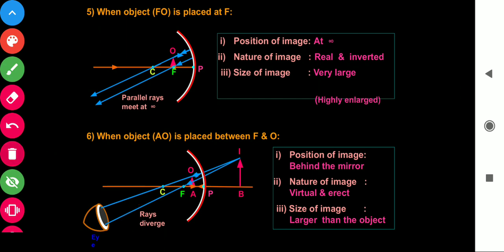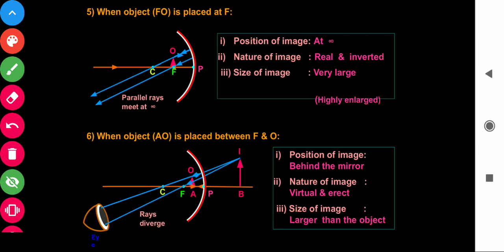If this is the point C, and this is the position of the object, and this is the mirror, you can draw like that. It will go and come back.